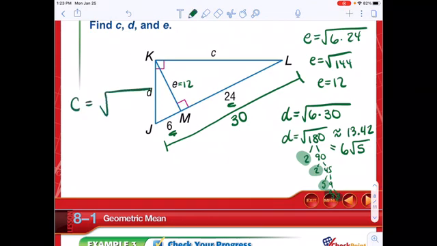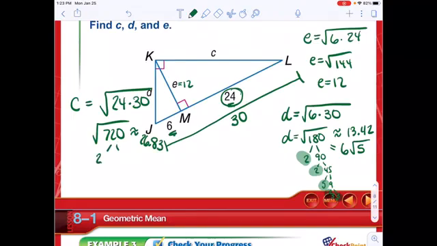C is equal to the geometric mean of its own side 24 times the whole thing. So 24 times 30 is equal to 720. The square root of 720 is also not a perfect square. It's about 26.83. If you are asked to find the reduced form though, you want to be able to do that.